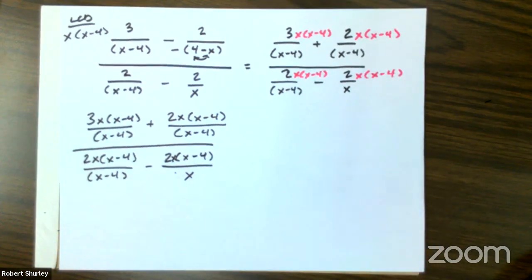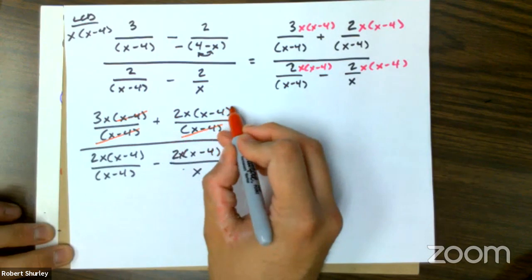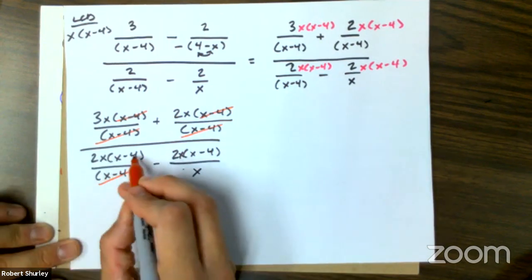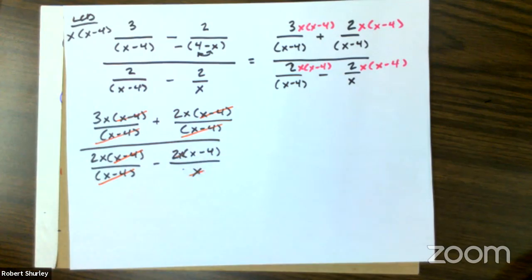Then I'm taking out my red marker, and I'm just going to start canceling every single denominator, right? This cancels with that one. This cancels with that one. X minus 4 and x minus 4 cancel. And then x and x cancel there, okay?